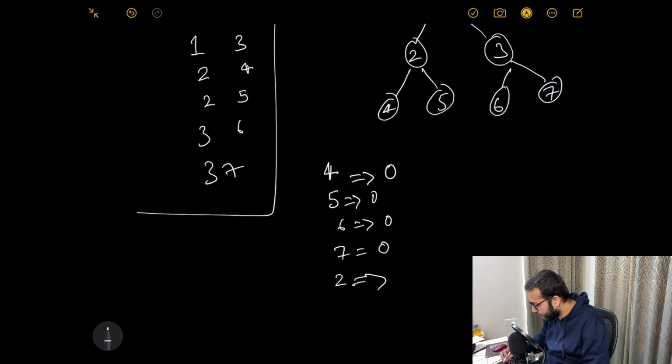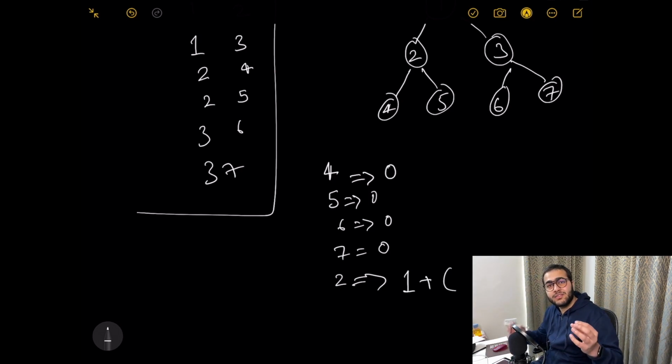Out of the children of 2, 1 is prime, so we add 1 plus their children's values. 4 has 0 plus 5 also has 0, so the answer for 2 is 1.